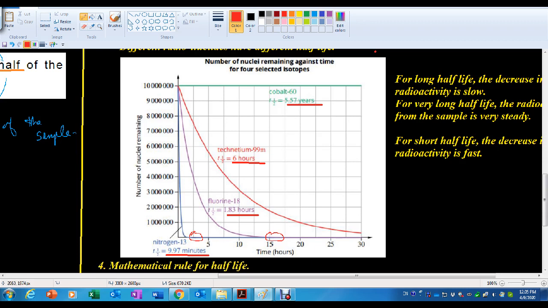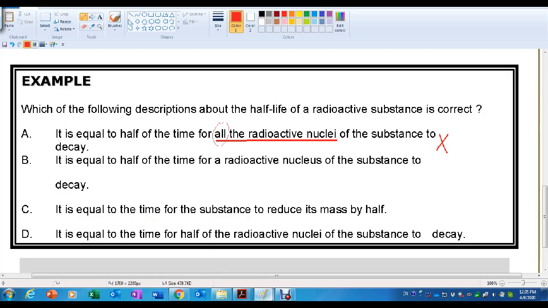So even though sometimes the curve comes very close to zero, or even touches the zero axis when you draw it, that's just because we can't draw it so accurately. That's why theoretically there won't be a time that all radioactive nuclides will decay.